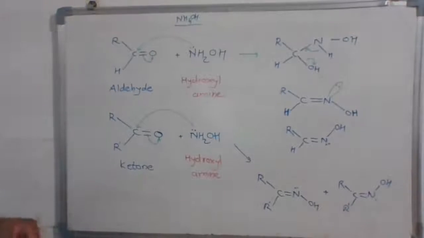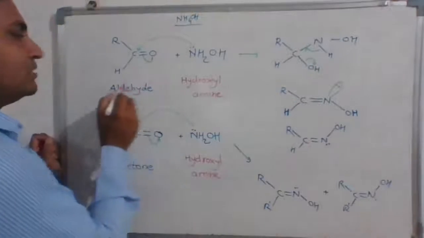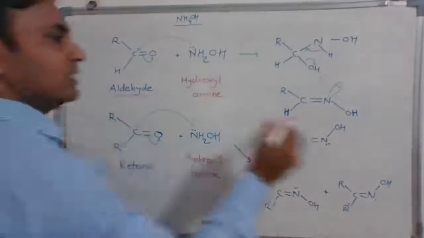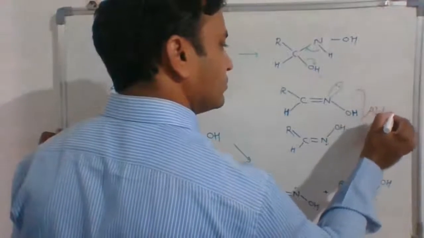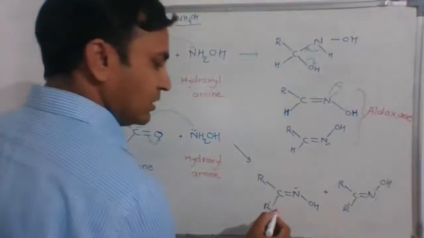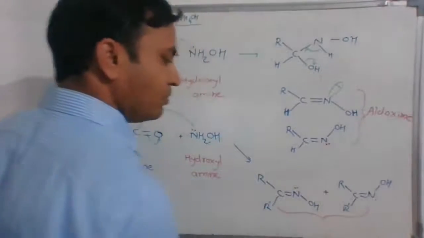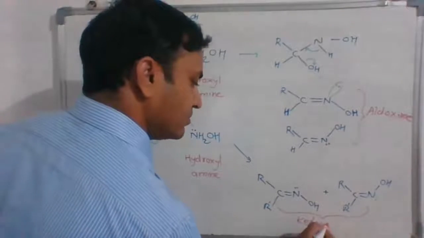One thing you can say that the oxime obtained from aldehyde is called aldoxime, and the oxime obtained from ketone is known as ketoxime.